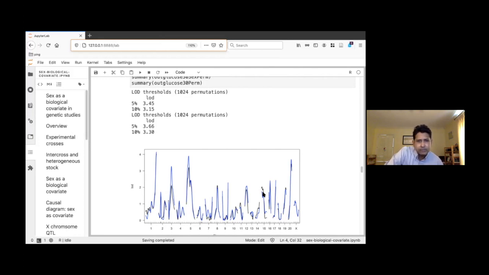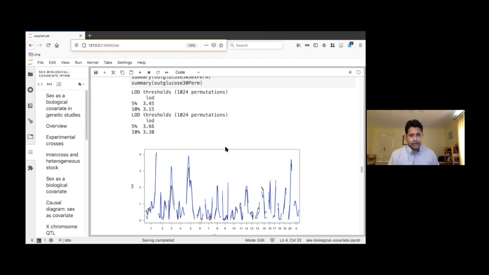There are some exceptions, but there are few. This is consistent with what I said earlier, that it's not so much a question of bias, but enhancing the signal when you adjust for sex here, for the autosomes. The log thresholds are not very different.